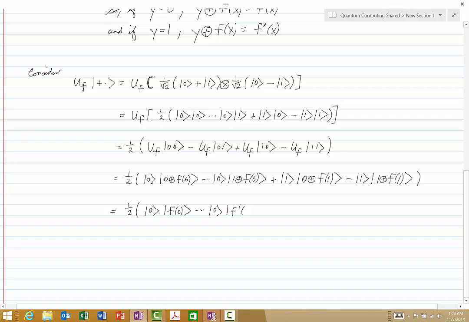F prime of 0, plus 1, then similar to what we had before, 0 exclusive or f of 1 is f of 1.